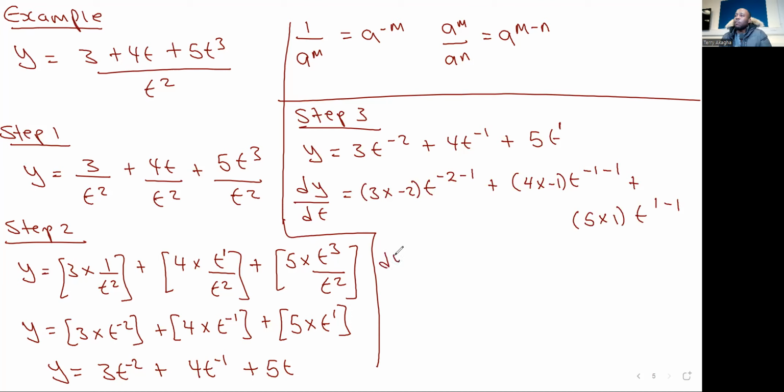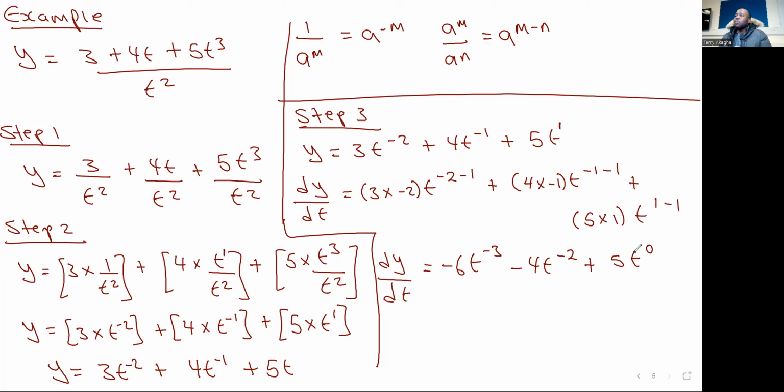So therefore, dy over dt will be equal to 3 times minus 2, which gives you minus 6, t raised to the power minus 3. Then 4 times minus 1 will give you minus 4, t to the power minus 2. Then plus 5t raised to the power what? 0.